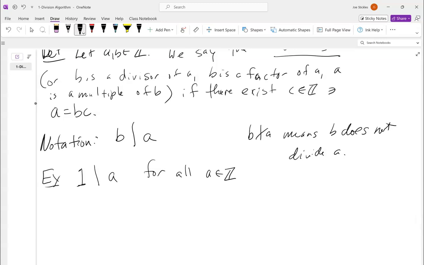So 1 divides A no matter what. And why is that? According to the definition, I need 1 times something equals A. What are you going to use for the something? A, yeah. Good. That's according to the definition, that's why.